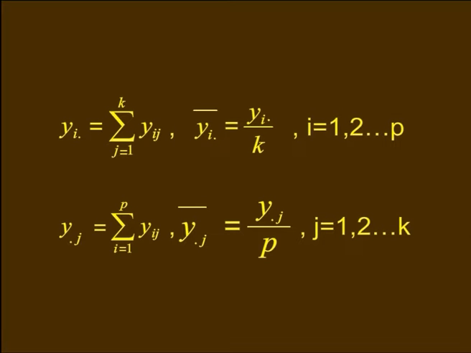Similarly, Y dot j is the sum of all the observations corresponding to the jth breed or the jth group, that is given by summation i is equal to 1 to p Yij, and the corresponding average is Y bar dot j is equal to Y dot j by p, j is equal to 1 to k.